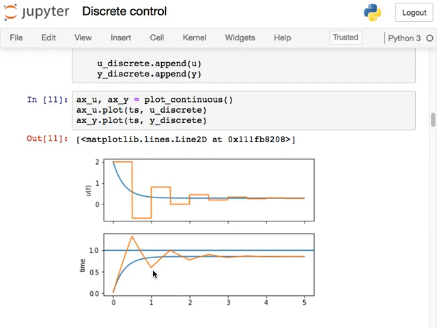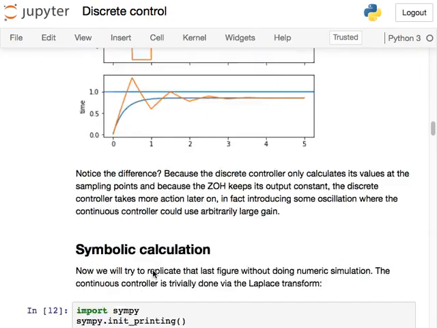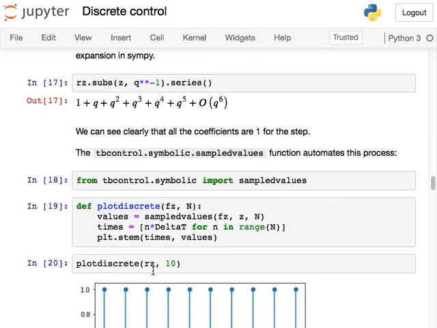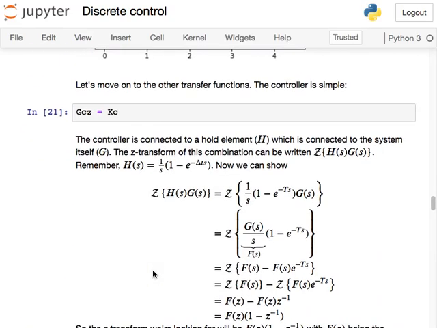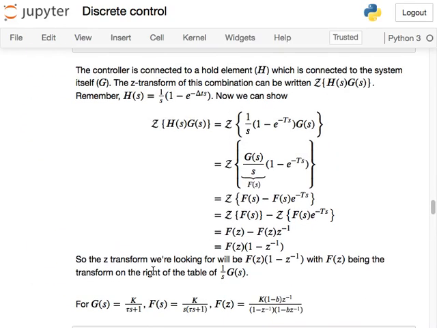That's not very interesting. The reason why we're doing this analysis in the first place, and why we're using the Z domain and all of that, is so that we can accurately capture the effect of sampling and accommodate it without having to do all of these small step size simulations.